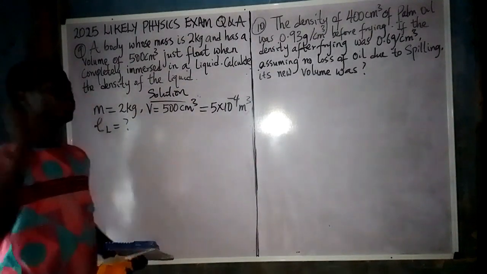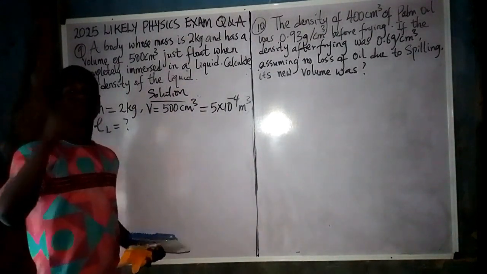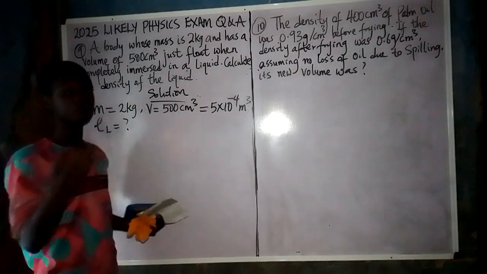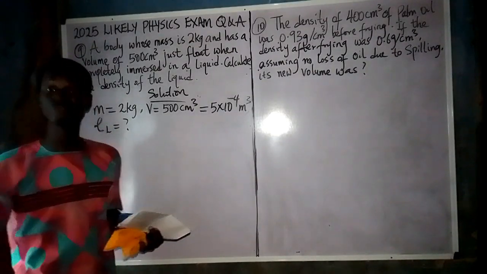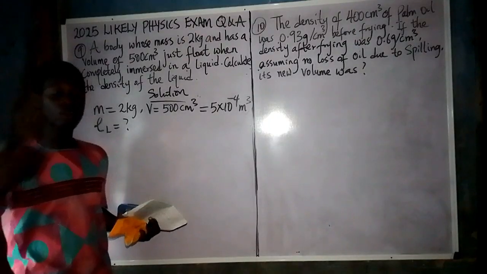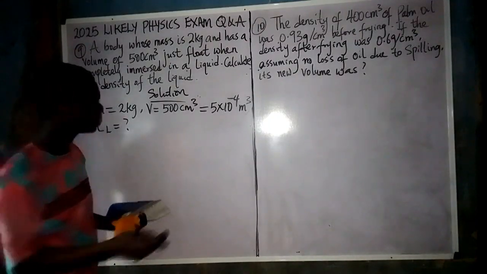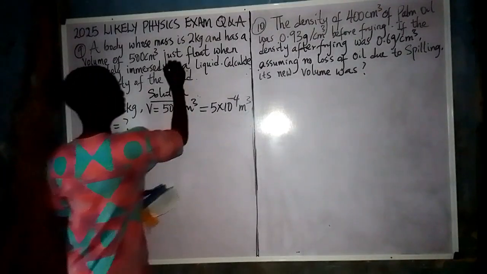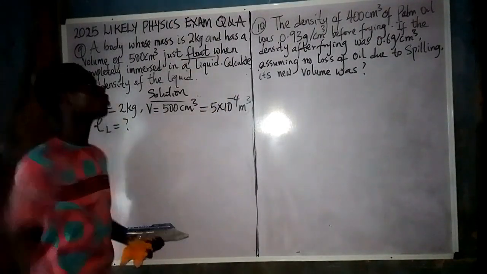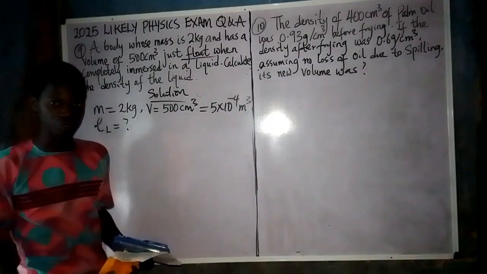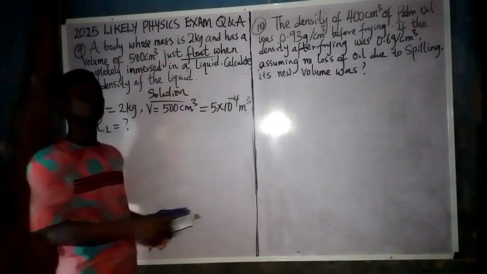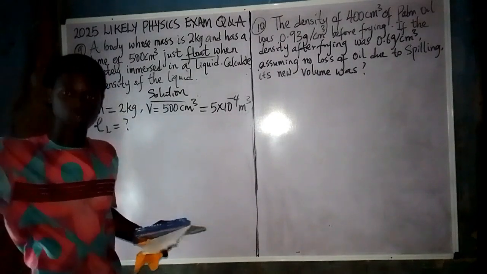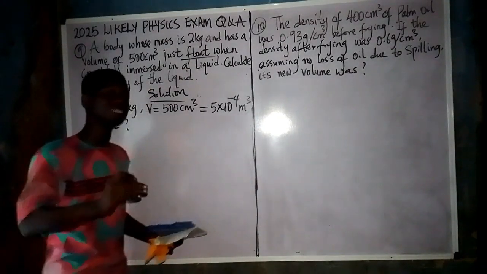Now, if you have studied the topic upthrust, or Archimedes principle basically, or fluid in motion, or equilibrium of body in fluid, depending on the way your textbook called the chapter, you will notice there was a part we were talking about flotation. Now, they said the body just floats. This word float is what will guide how we solve the question. Because the word float was included in this question, it means this question is from flotation under equilibrium of body in fluid.